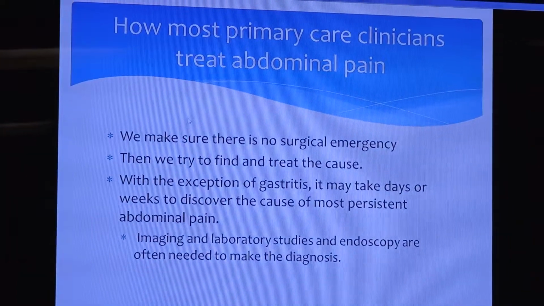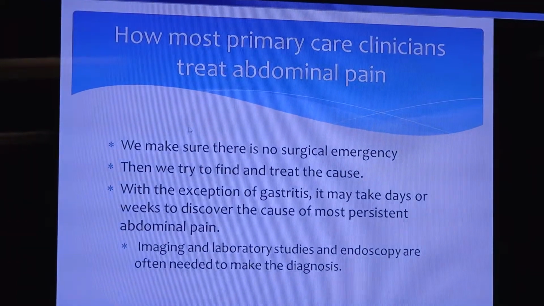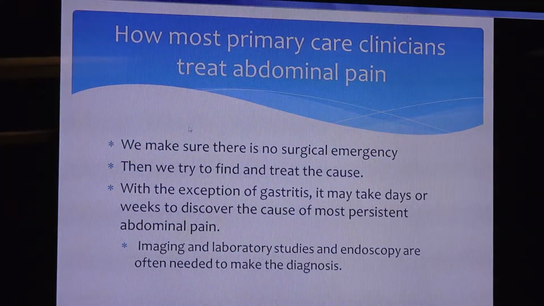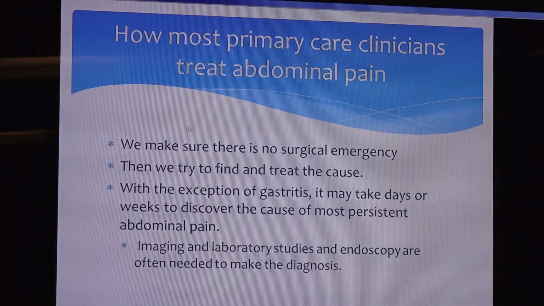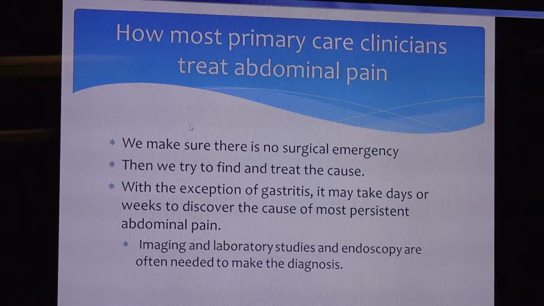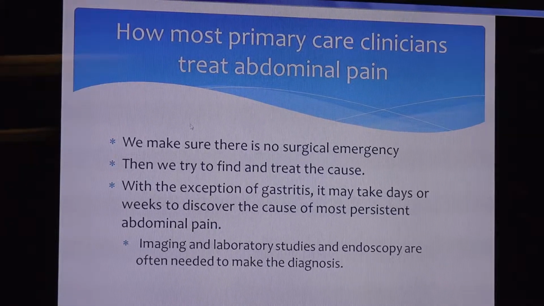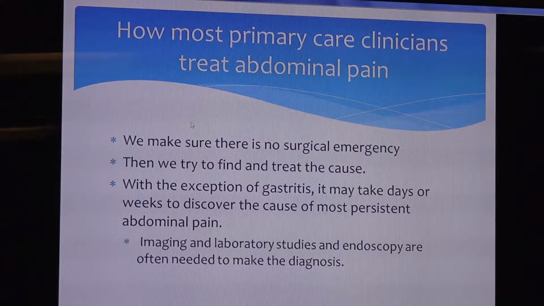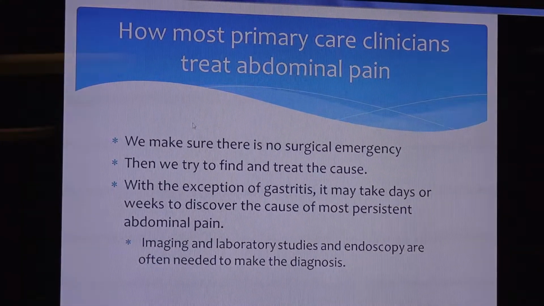How do we deal with abdominal pain? Number one, rule out the surgical process, and we've talked about those issues. Then try to find a cause and manage it. Other than gastritis, which is often recognized by the location of the pain, the people have this epigastric pain right below the sternum.